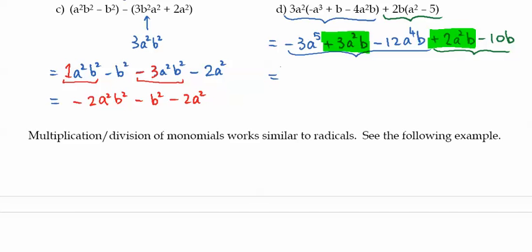But of course, I'm going to start with the one that comes with the highest degree, which is a fifth. The benefit of expressing your polynomial starting with the highest degree to the lowest degree is that eventually you will see a pattern for all these terms when it comes to grade 11 and 12, when you get to work with a third degree polynomial, a fourth degree, a fifth degree.